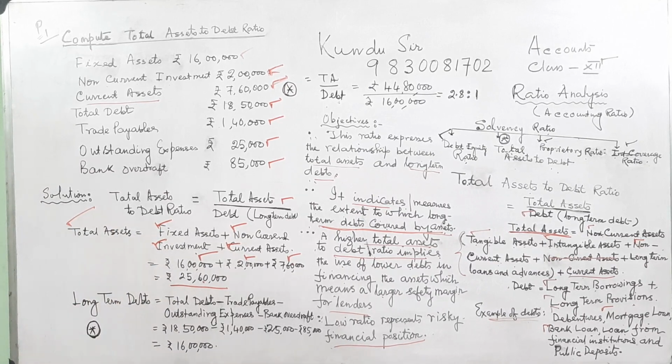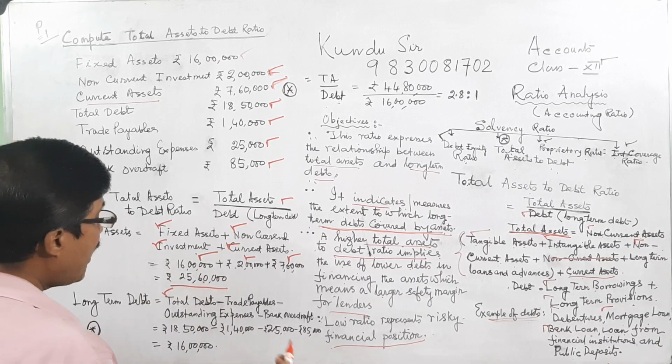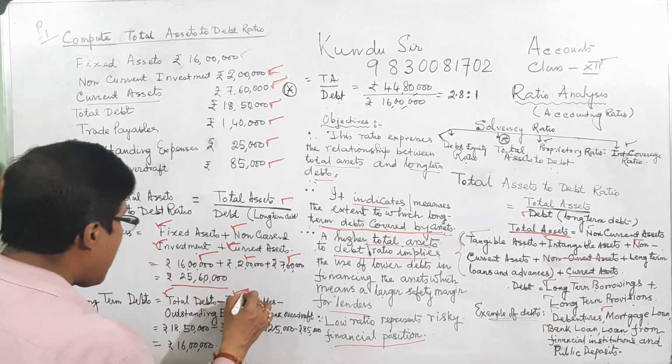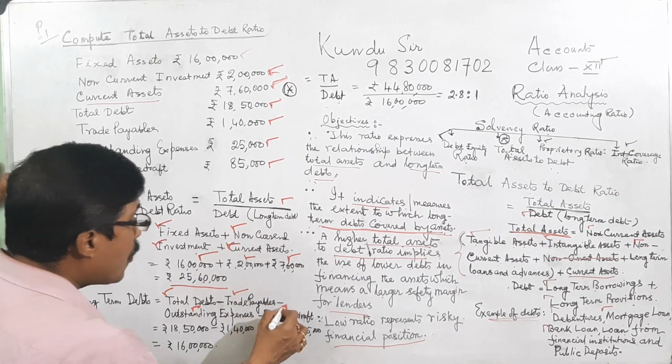Then long-term debt equals total debt minus current debt, that is trade payable, outstanding expenses, and bank overdraft.